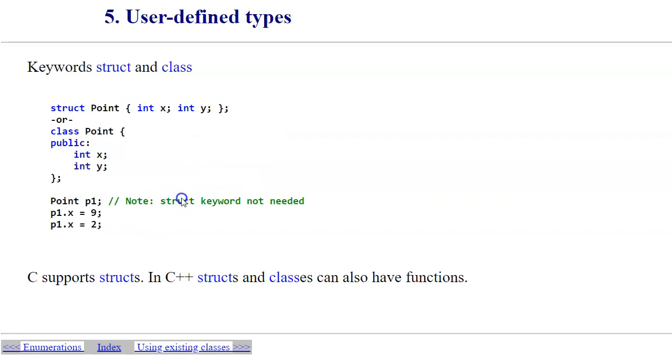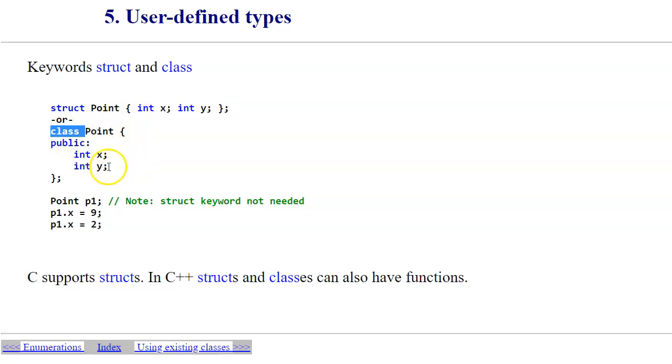User-defined types are produced by the keywords struct and class, and of course you can recognize these structures very easily. Struct makes everything public, and generally speaking, the guideline is that when you have a struct that uses only public data members, that's okay, but as soon as you start adding member functions to your structures, you should be trying to use a class.